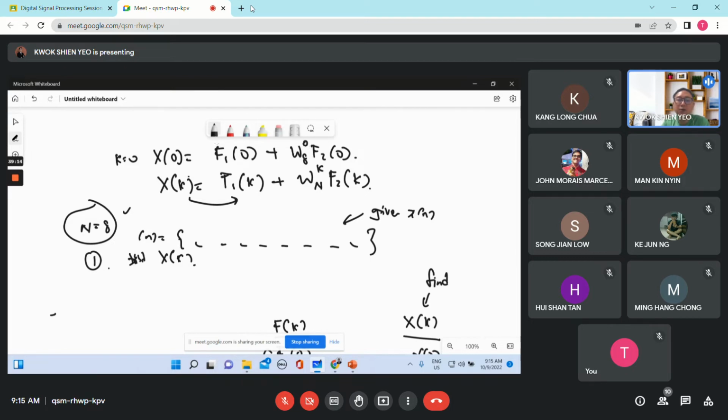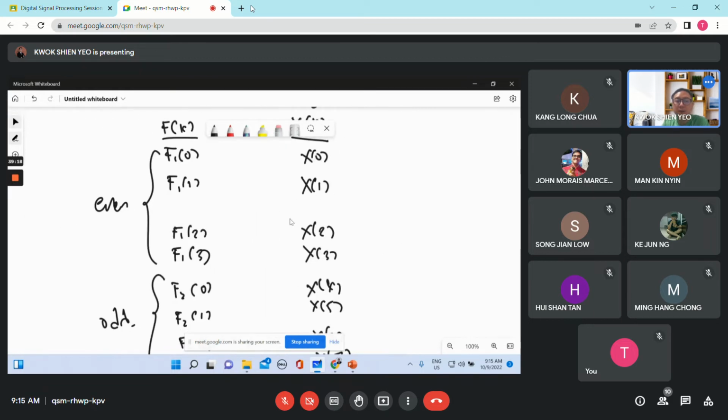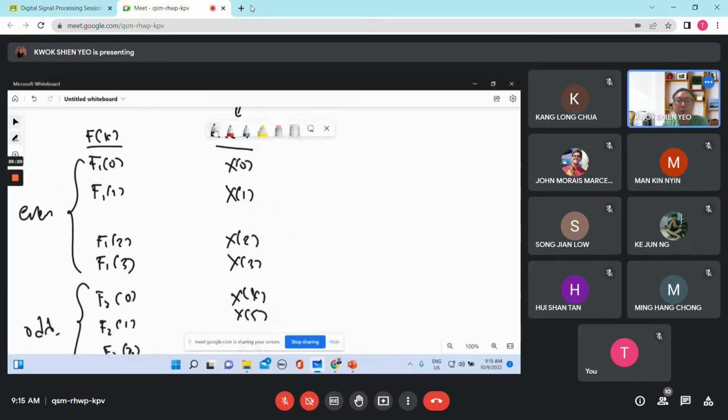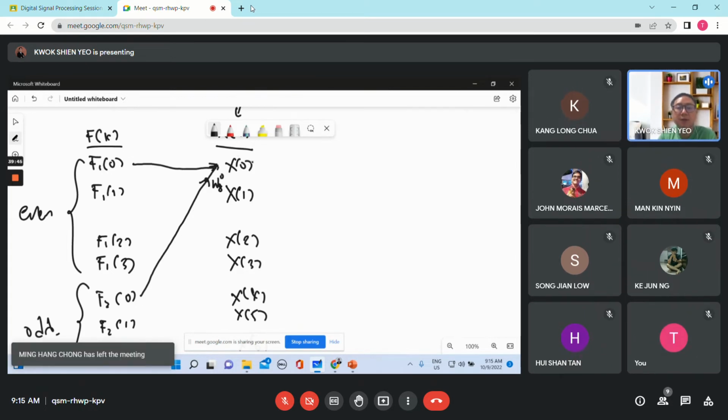So I construct my first connection. To calculate X0, I need F10 and F20, add them together, but of course F20 has to go through a W8^0. Then I can calculate my X0.